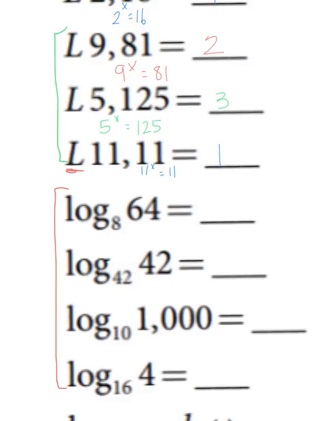So this 8 is our base. So 8 to what exponent is 64? So this would be 2. 42 here is our base, so 42 is our base also here. To what exponent is equal to 42? So that's going to be equal to 1.